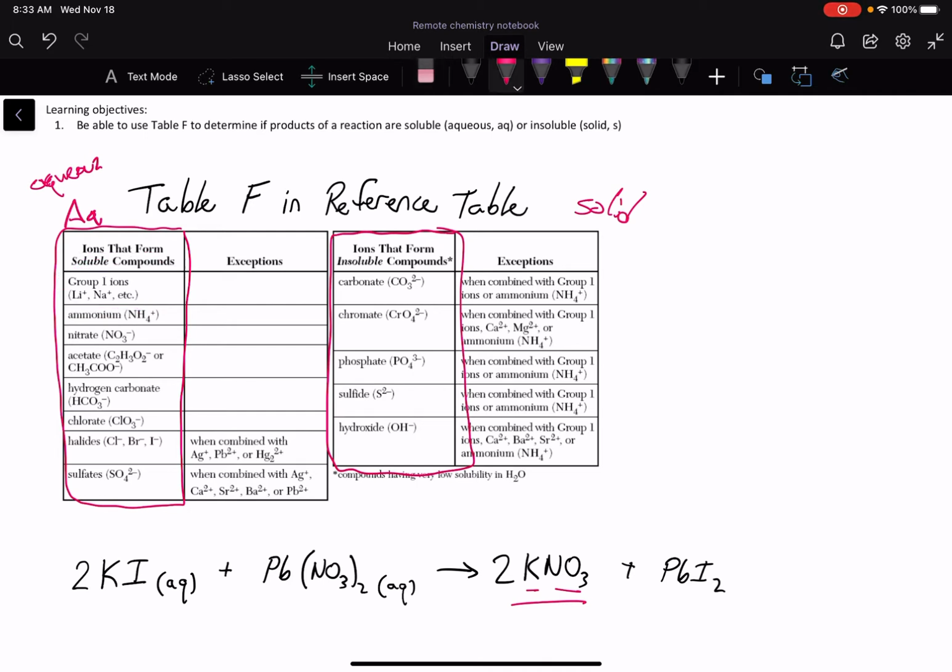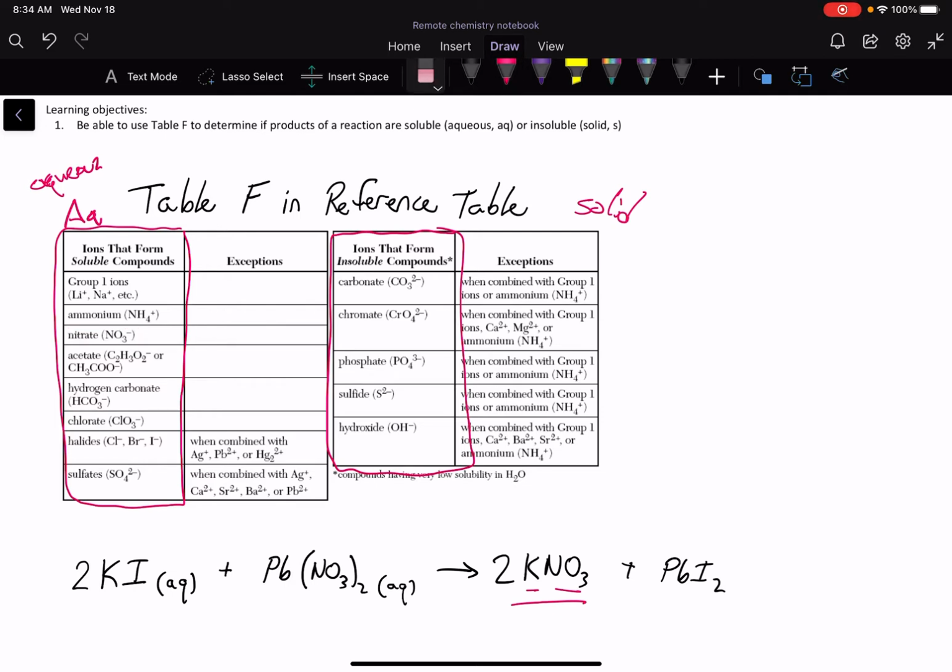So because potassium is a group 1 ion, it's in the first group of the periodic table, all of those compounds are going to be considered soluble or aqueous. If you also look right here at nitrate, everything that contains nitrate is also going to be soluble.